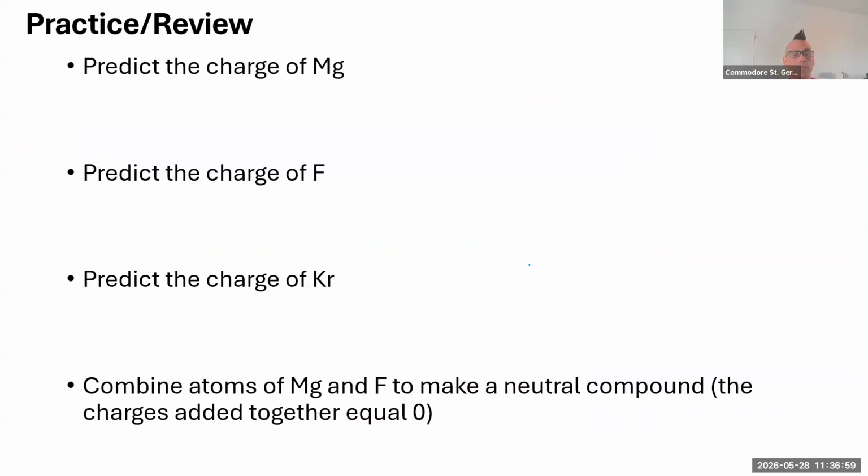All right, let's predict the charges of these. So magnesium is in the second column, so that's going to be a 2 plus. So it's going to look like this. Magnesium, 2 plus. Fluorine, 17th column. Or let's say group to make it more fancy, right? They're all going to be a 1 minus.